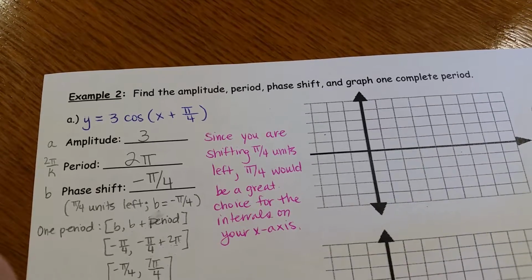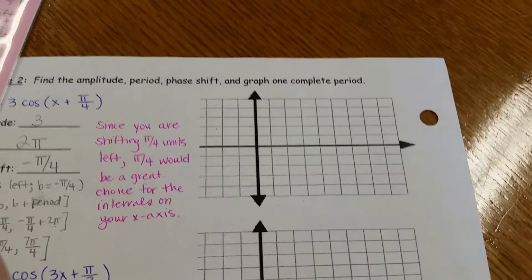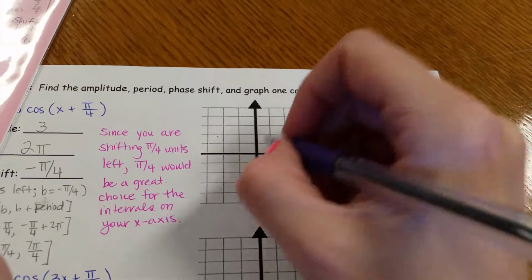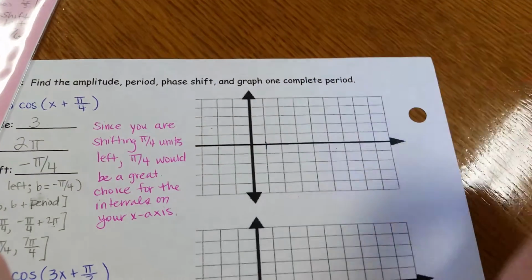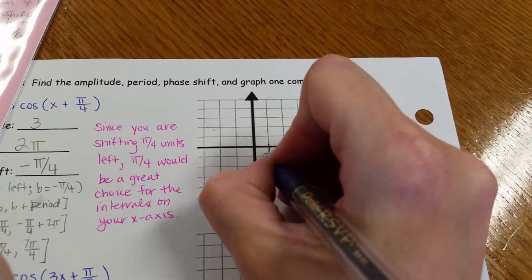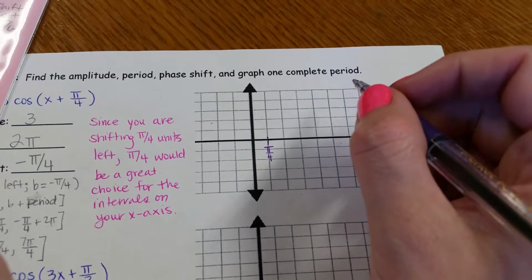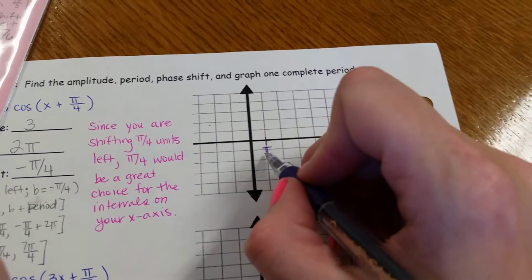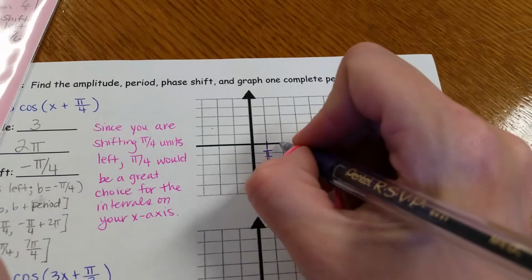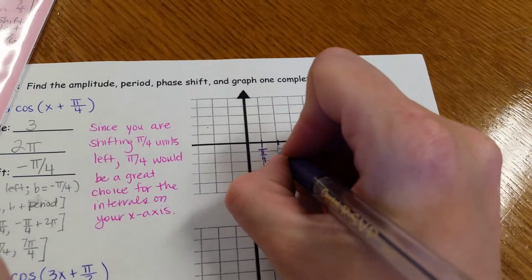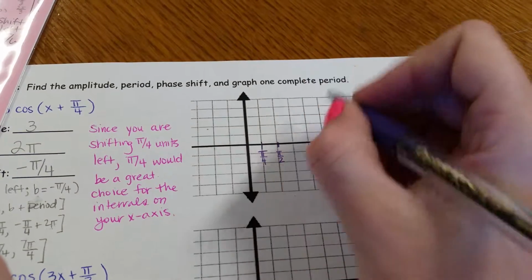Okay, so now we're going to label our x-axis. Like I said, pi over 4 is going to be a great unit to use. Now you don't have to label every single one of these, but we're going to label just about every other one. So this is 1 pi over 4. The next one would be 2 pi over 4, and 2 pi over 4 is going to be pi over 2.